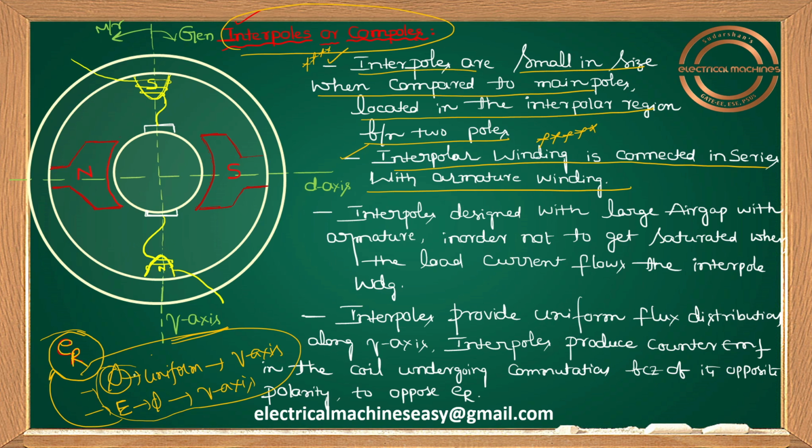So the requirement of flux due to interpoles is more. If you want more flux, definitely the MMF of the interpole should be more, no? Everybody knows that flux equals MMF by reluctance; flux is because of MMF only. So definitely, the MMF of the interpole winding is more than the MMF of the armature winding.